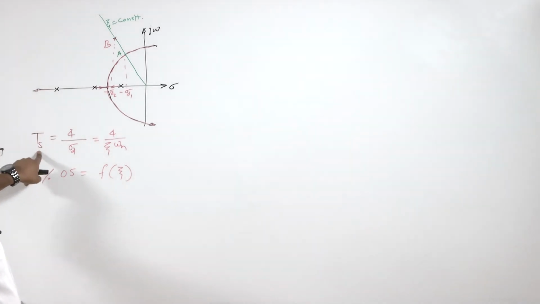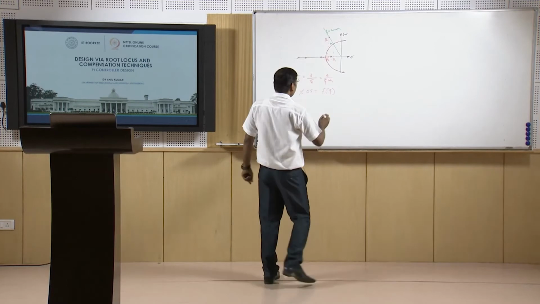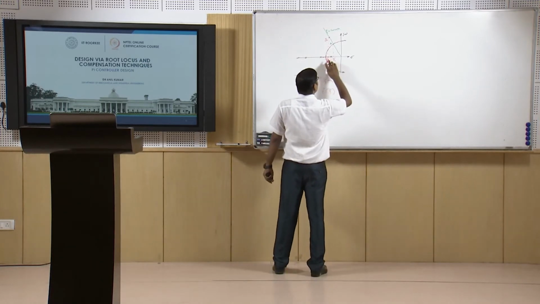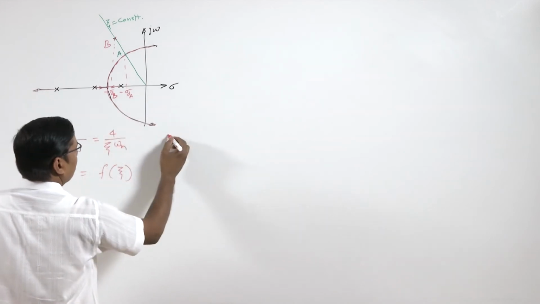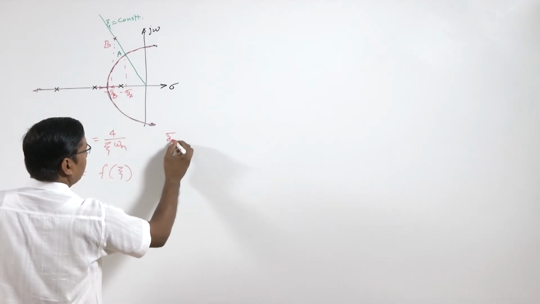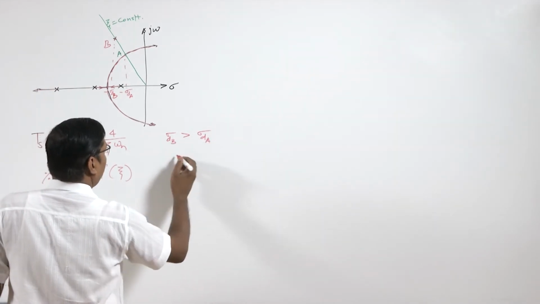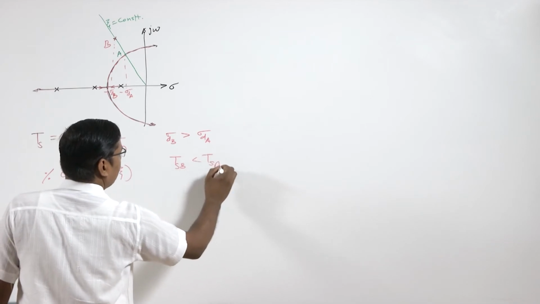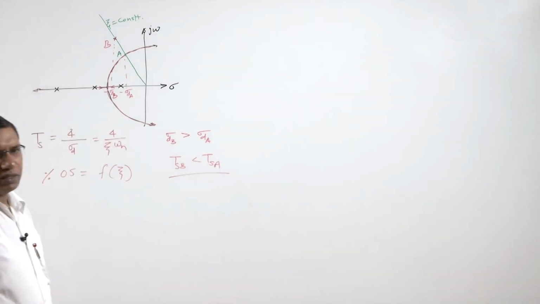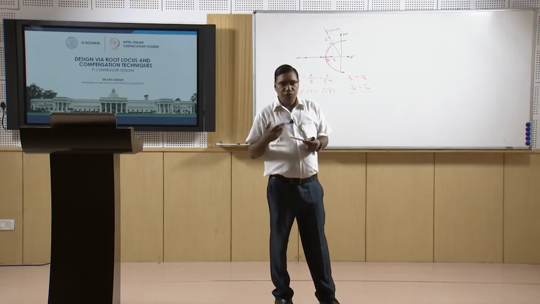Therefore, T s 2 will be less than T s 1. So, sigma d B is greater than sigma d A, and therefore, T s B is less than T s A. So, we get a smaller settling time, which means our response is faster.